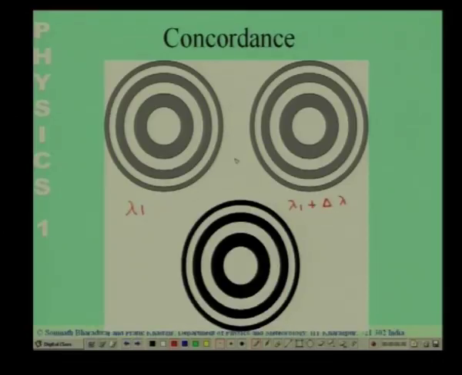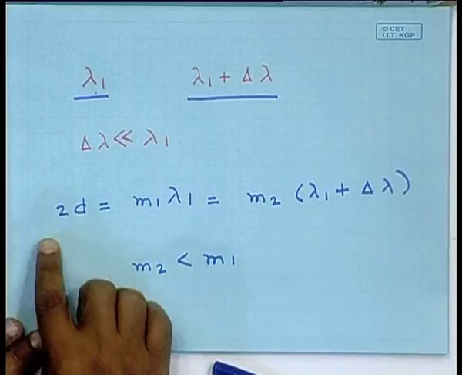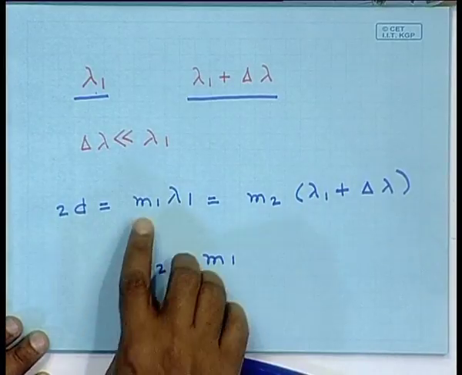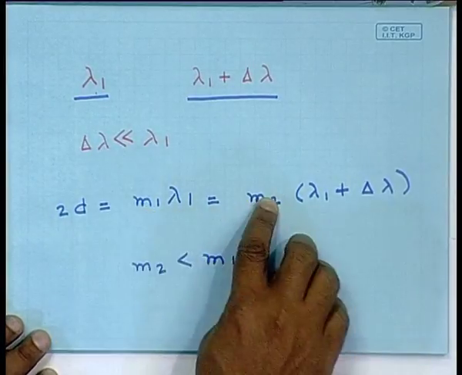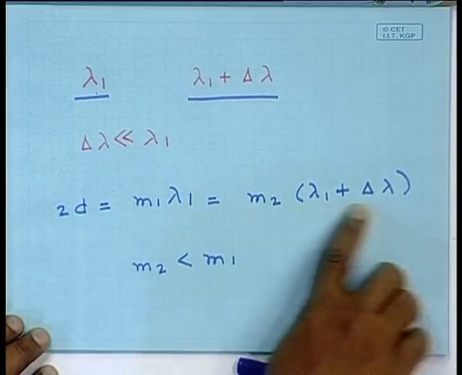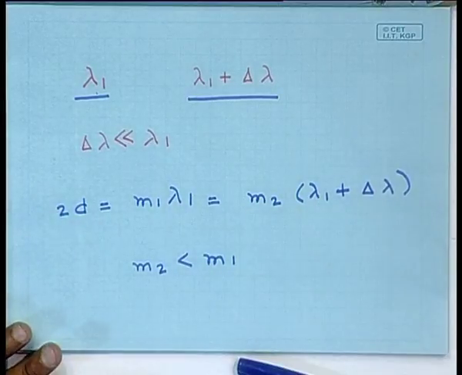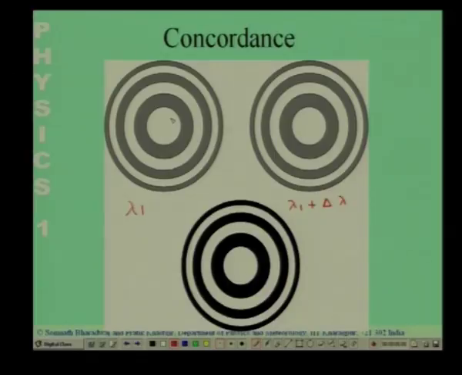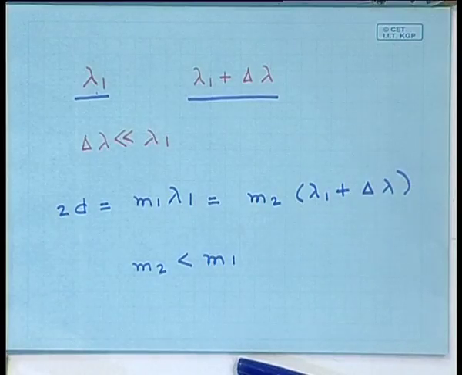What we are interested in is that the fringe pattern should coincide at the center of the field of view, and this is going to happen if this condition over here is satisfied. If I can find integers M1 and M2 so that this condition is satisfied, then you are going to have a situation where the fringe pattern coincides at the center of the field of view.